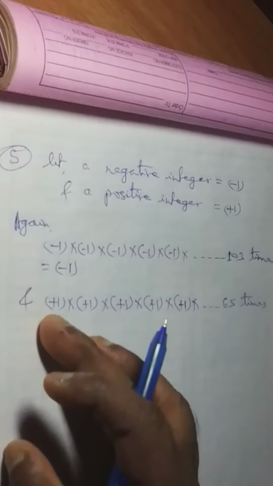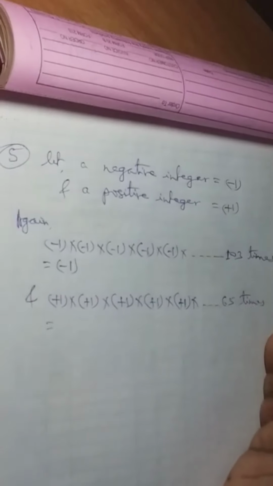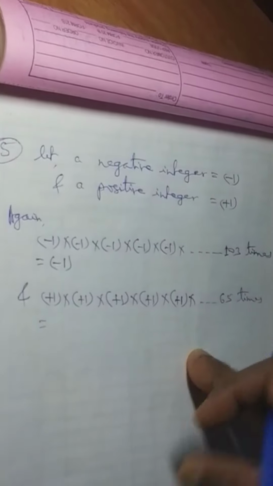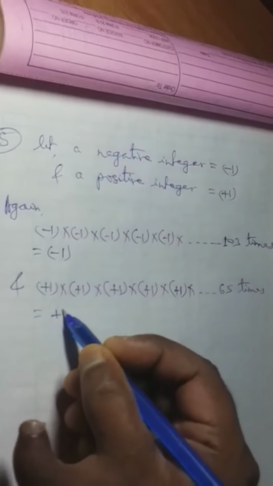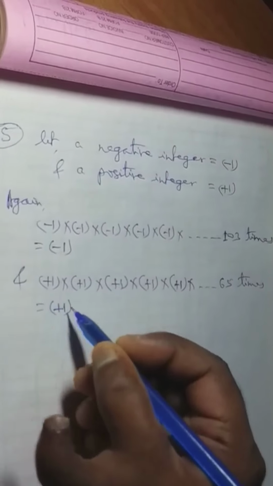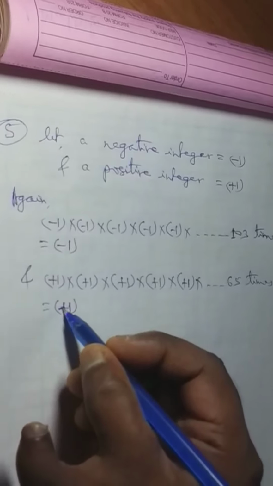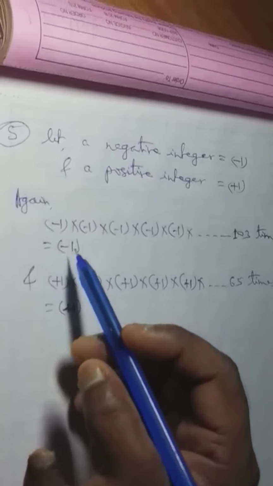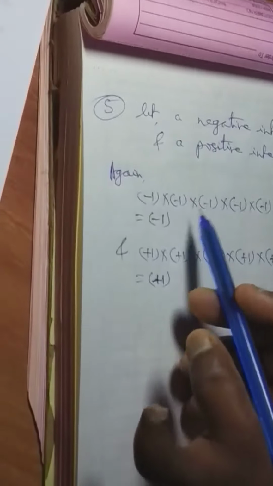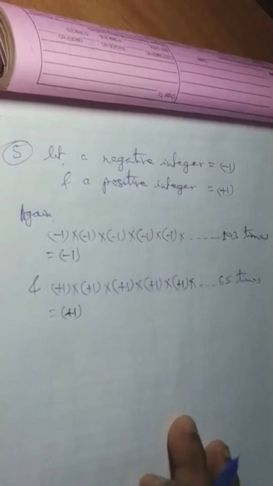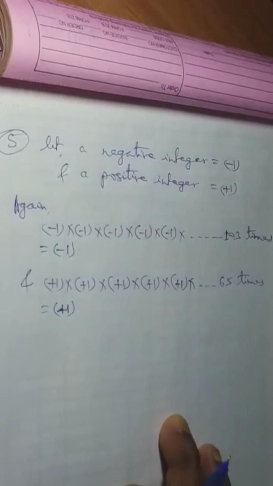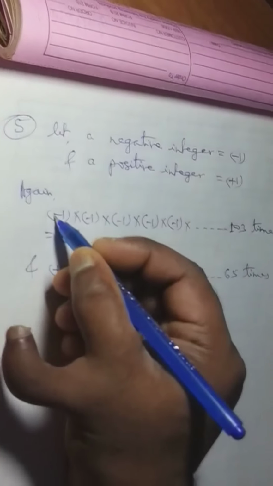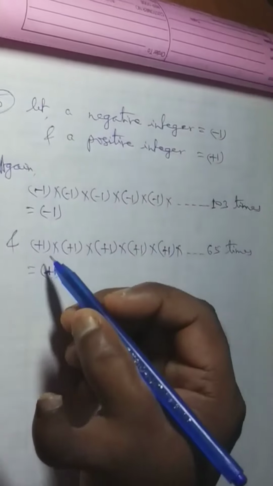It does not matter whether the positive sign is multiplied even times or odd times, the result is always in positive sign, because positive into positive is positive, and negative into negative is positive. So a negative integer multiplied odd times gives negative; a positive integer multiplied odd or even times is always positive.